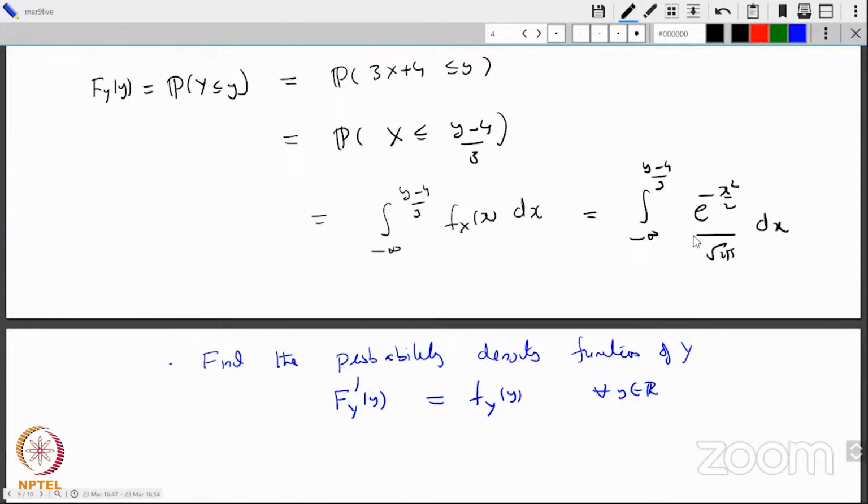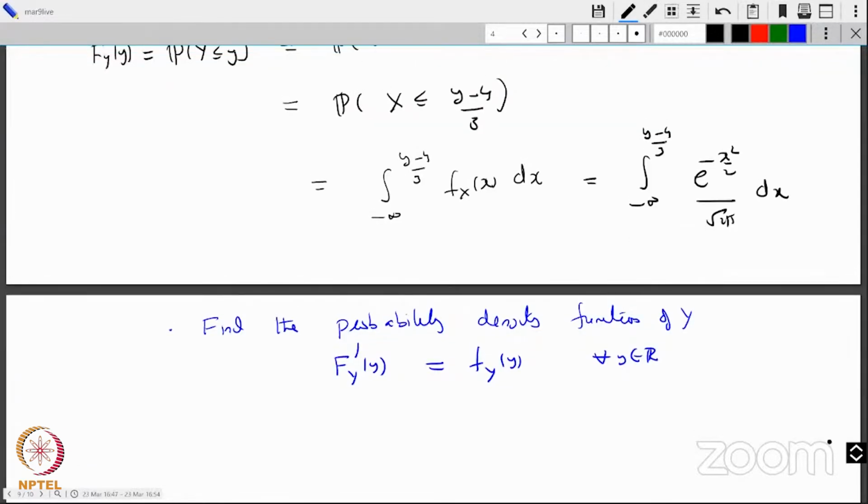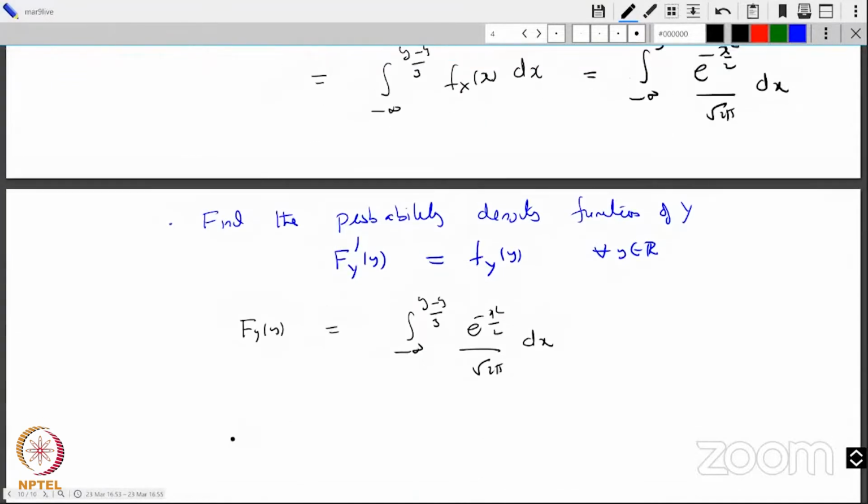Okay, so how does one differentiate this now? Let me use the fundamental theorem of calculus. So you know that the integrand has e to the minus x squared by 2 over root 2 pi, and that's what the density is. So this implies the derivative, that is the density function at y, is d by dy of F sub y at the point y.